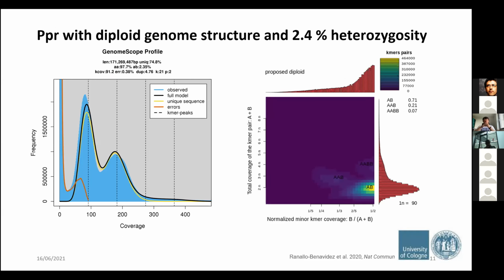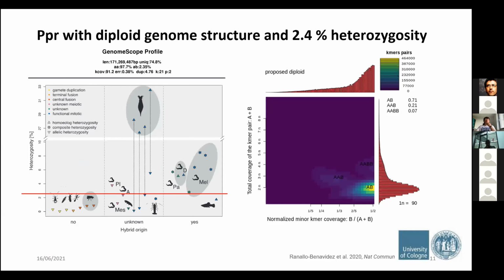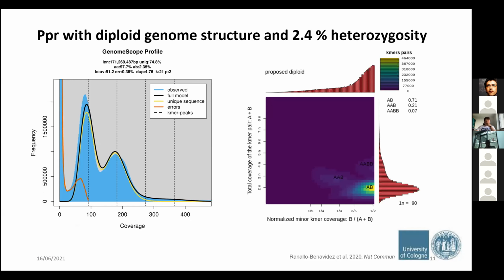GenomeScope analysis showed that Platynothrus has a diploid genome structure with 2.4% heterozygosity here, and the genome size of Platynothrus is about 170 megabases.